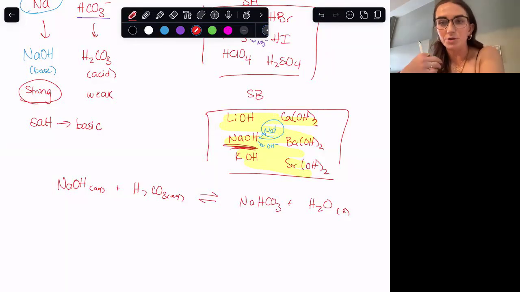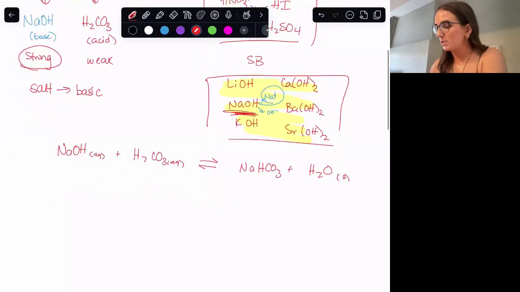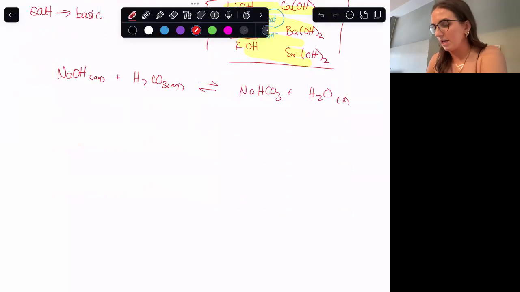And then someone in the chat asked if both a strong base and a strong acid will be neutral, and that is correct. So if we had something where it was sodium hydroxide, actually, let's do this. If we had NaCl as our salt, where does our sodium come from?